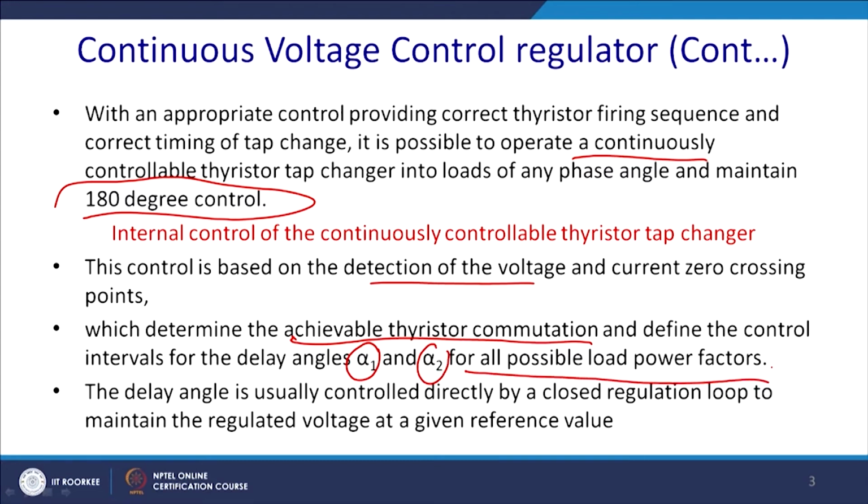The delay angle is usually controlled directly by a closed regulation loop to maintain the regulated voltage at a reference value. So, this is the way it is controlled.